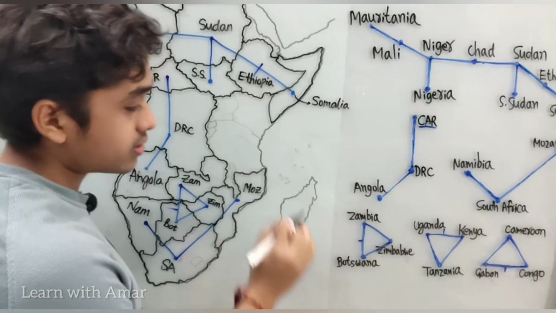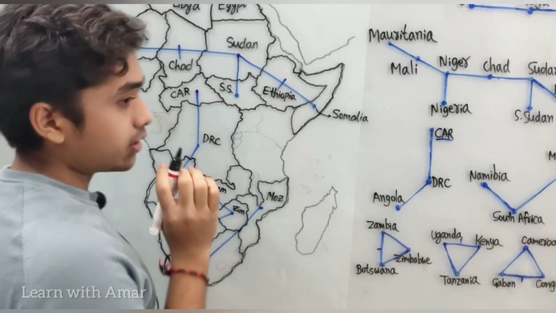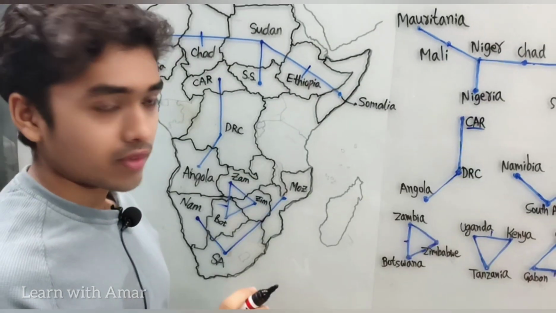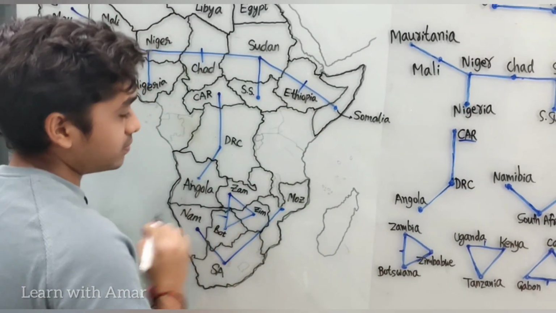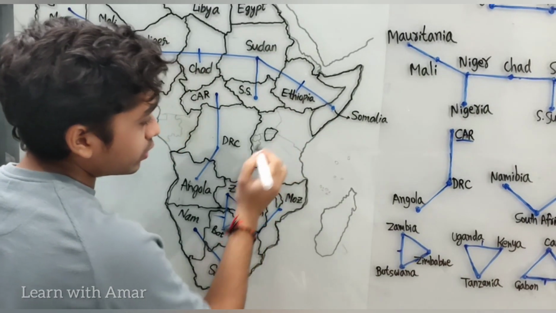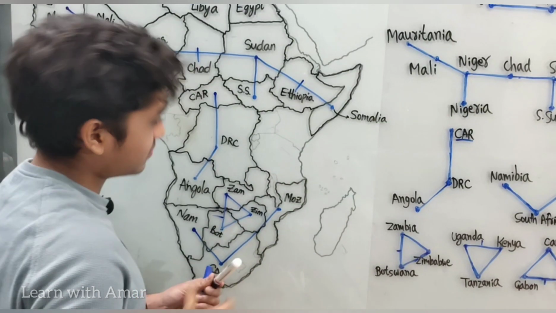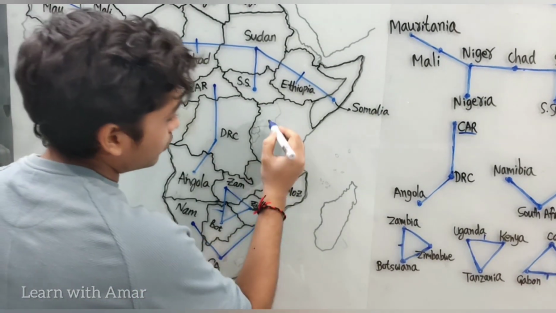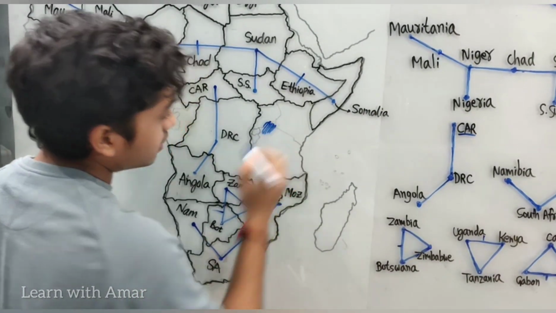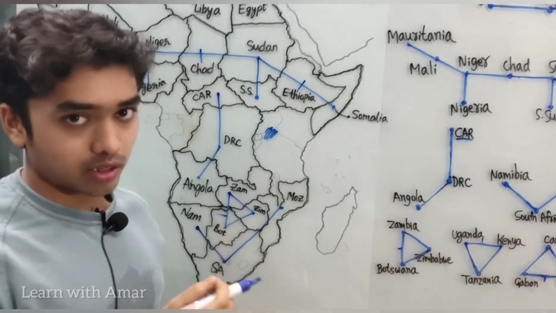Before going to this stick figure, let me tell you about the largest lake in Africa. It is Lake Victoria. So this right here, this is Lake Victoria. Let me just use blue for it since it's a lake. This is the largest lake in Africa and it is a freshwater lake.